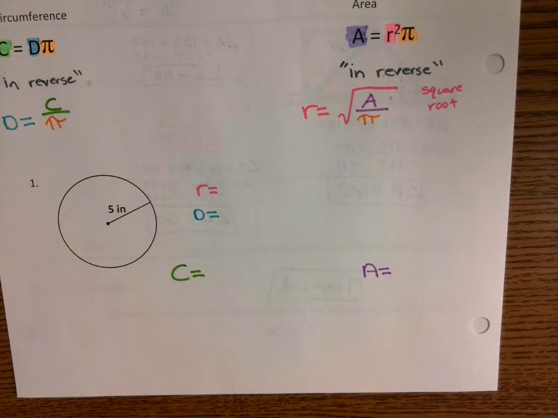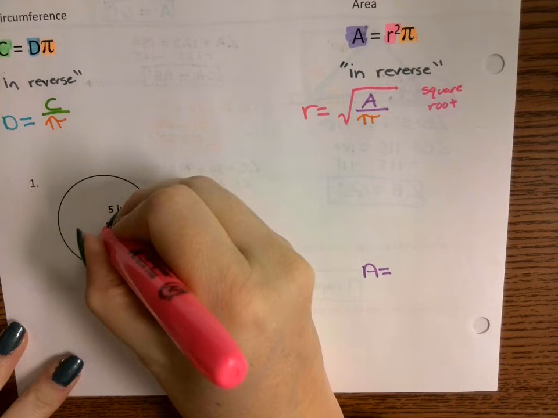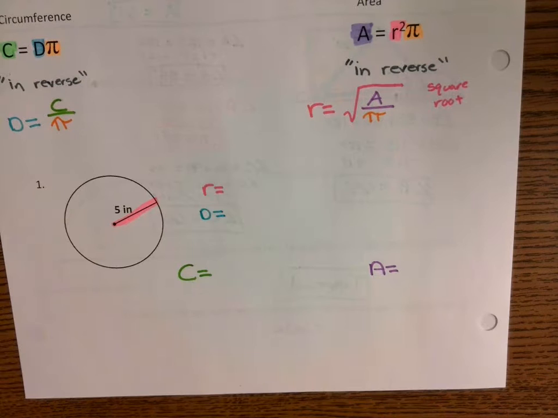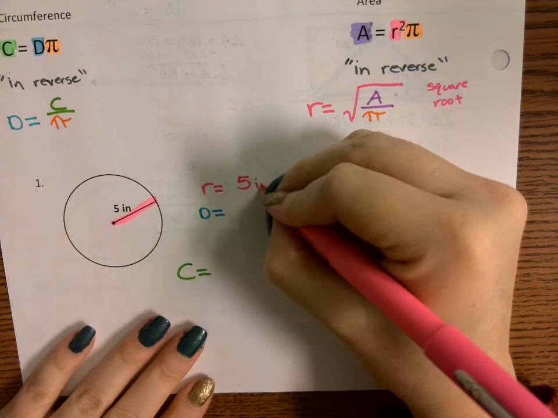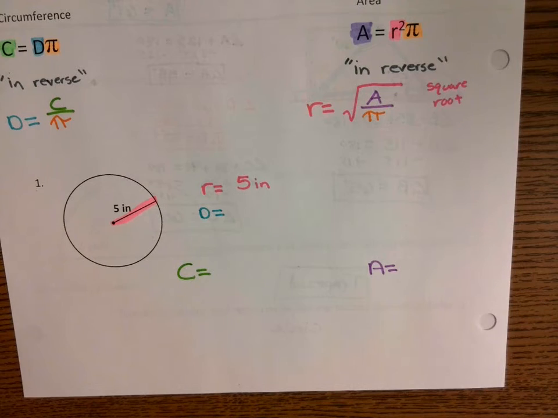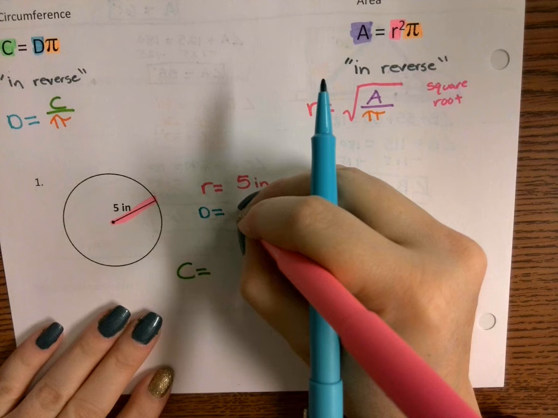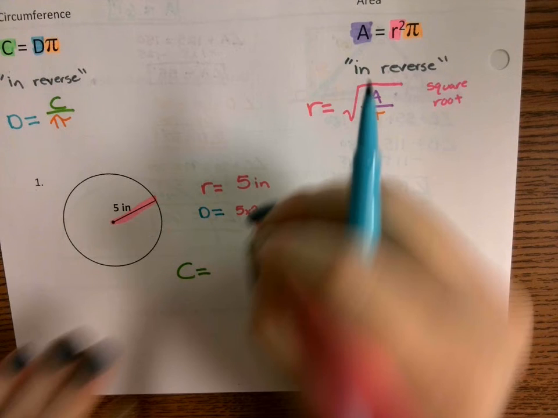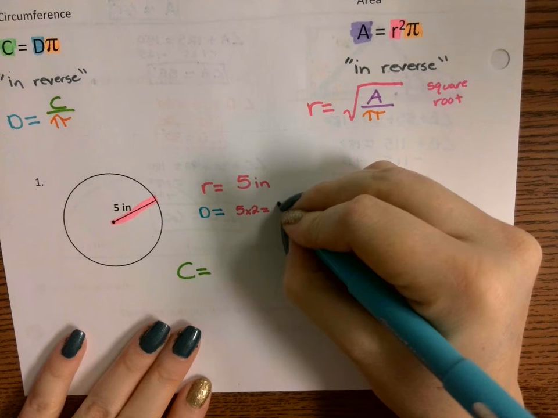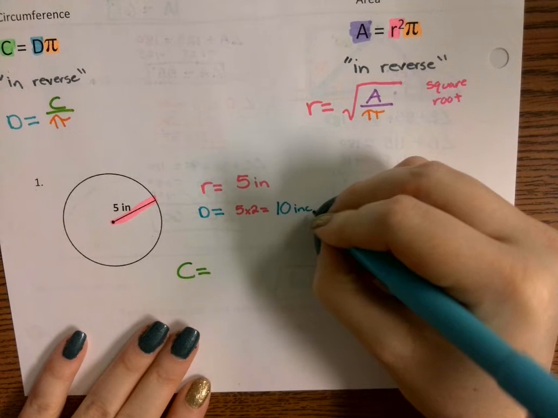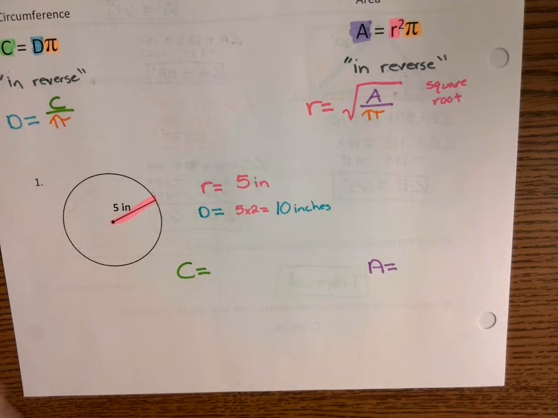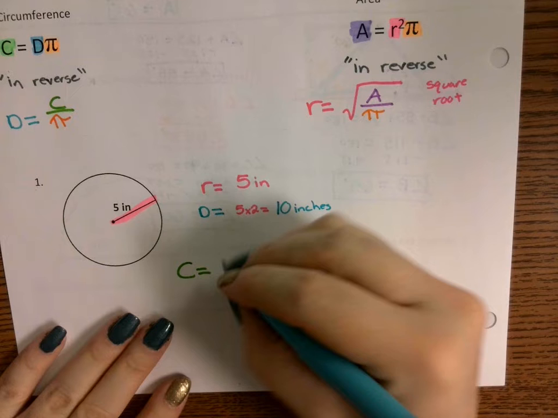It extends to a point on the circle. That is 5 inches. What's the diameter? 10, right? We're going to take that 5 inches and we're going to multiply it by 2, and that's going to come out to the diameter being 10 inches. Okay, again, for circumference, you're going to take the diameter's measurement and you're going to multiply it by the value of pi.